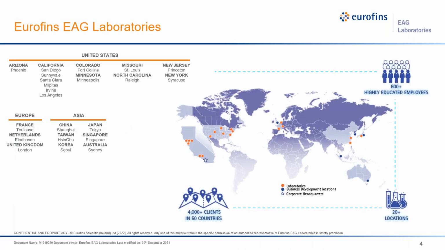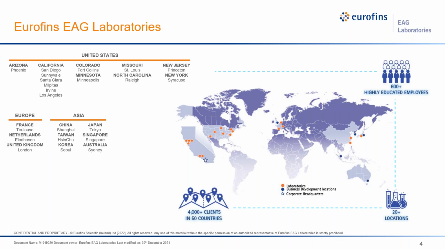But first, a little bit about Eurofins. Eurofins is a global leader in testing with more than 61,000 employees and 940 laboratories in 59 countries. EAG Laboratories is a division of Eurofins, specializing in materials testing with over 40 years of experience. We have more than 600 highly educated and skilled employees who use state-of-the-art instrumentation and know how to accelerate innovation through creative problem solving, objective analysis, and expert interpretation of data.